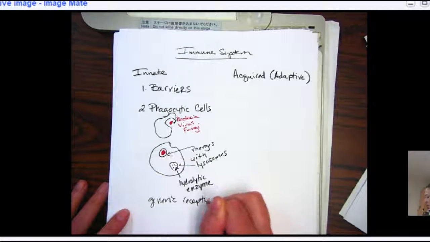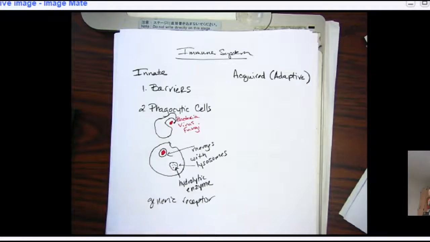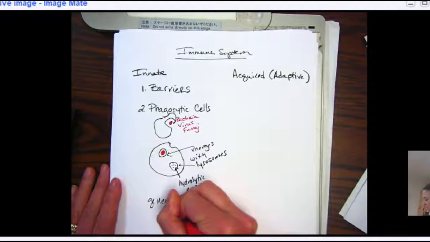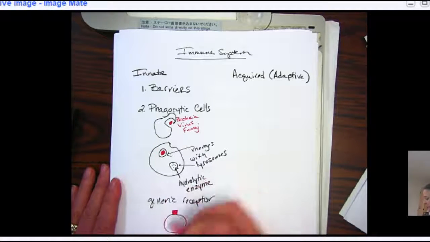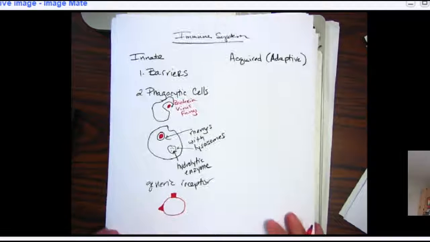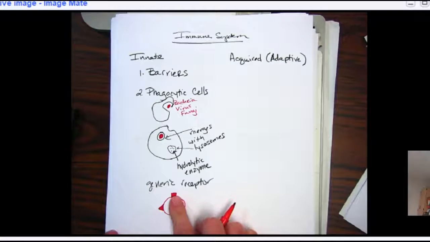Every cell has proteins on its surface, and they'll identify these generic toll-like receptors, and that will cause them to go through endocytosis and destroy those.